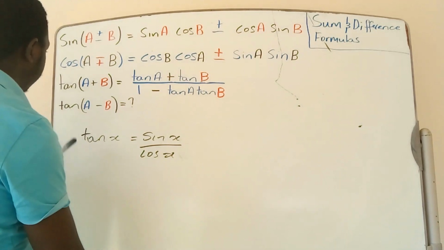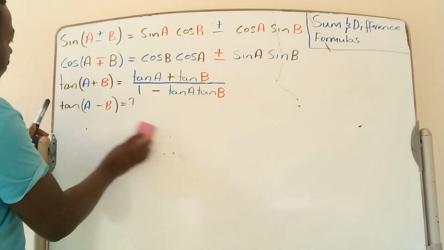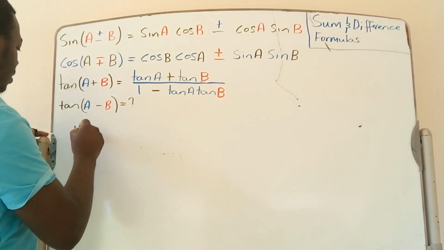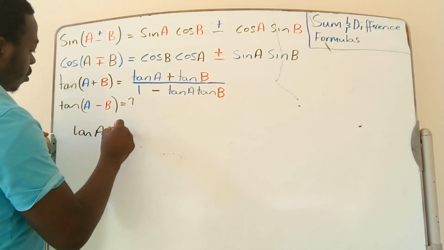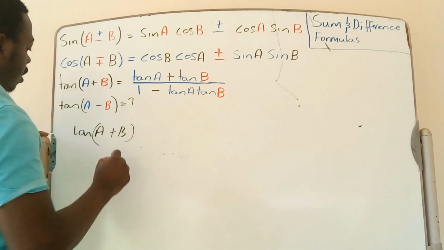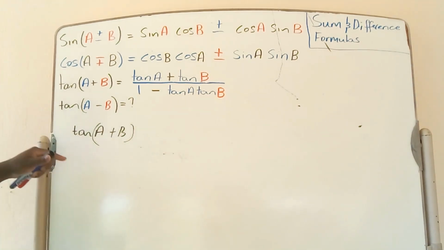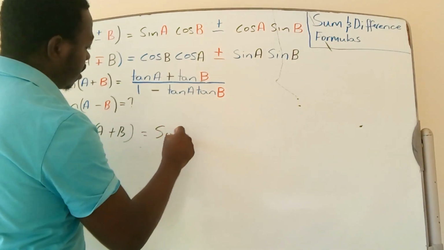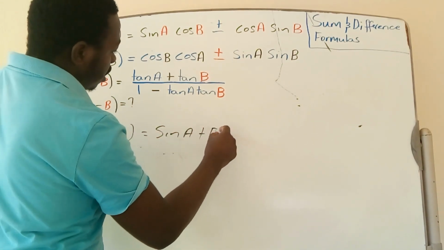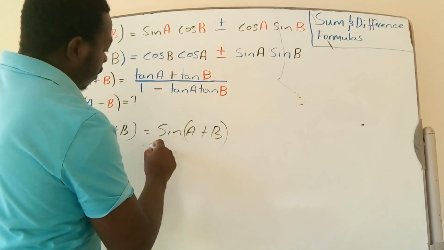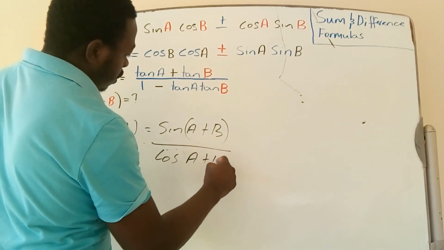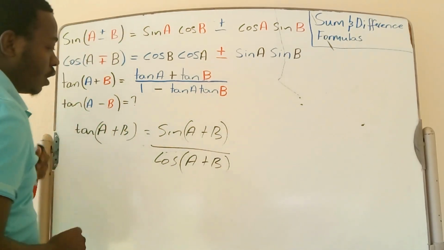Now, if we apply this identity to what we are given, we're going to take this side, which is tan of A plus B, right? Now, if we apply that identity that I just reminded you of, this is just the same thing as saying sine of A plus B, all of that divided by cos of A plus B, right?